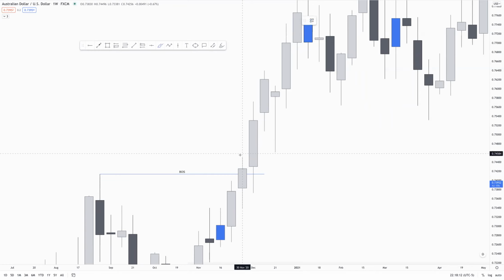So there was this candle, and then after this candle, we had a very large bullish candle right here. And then we have this candle here. So on either side of this bullish candle, the price is not connecting.